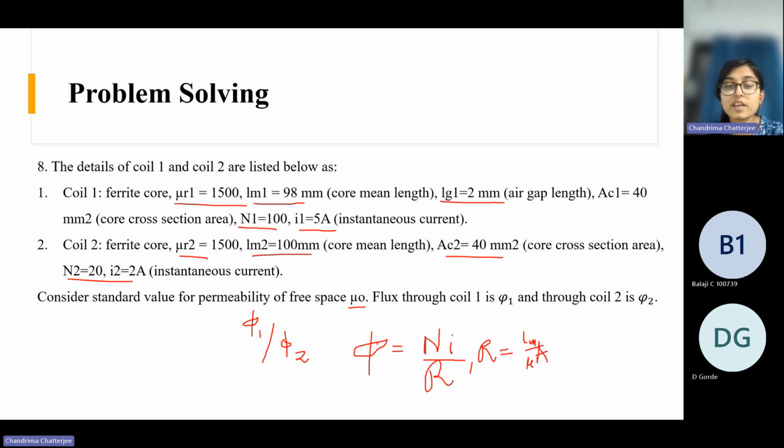Can you calculate what will be phi 1? Calculate and tell me. Mind you, you will have to convert all the dimensions to meters in SI units. These dimensions are given in millimeters, but while calculating, Lm and A you will have to convert to meter or meter square.